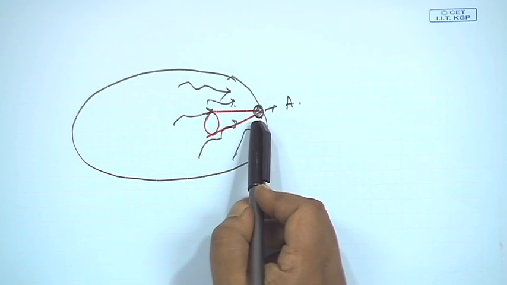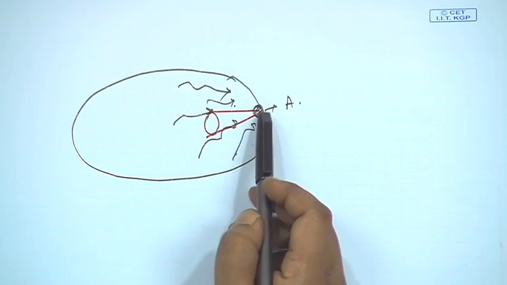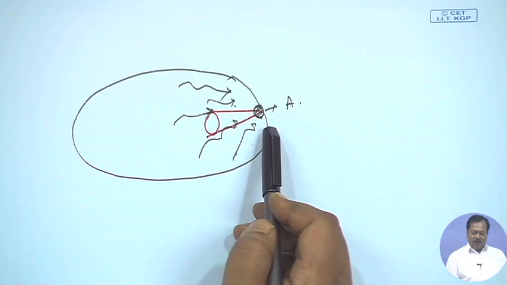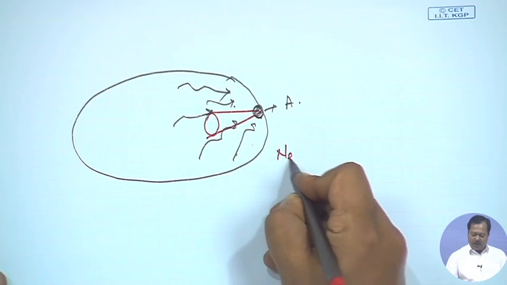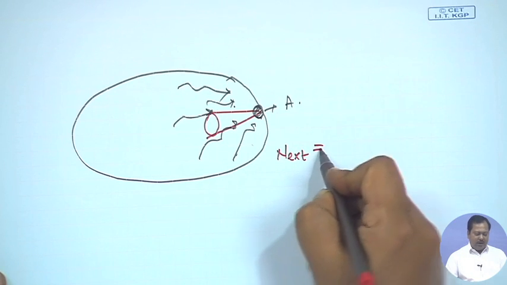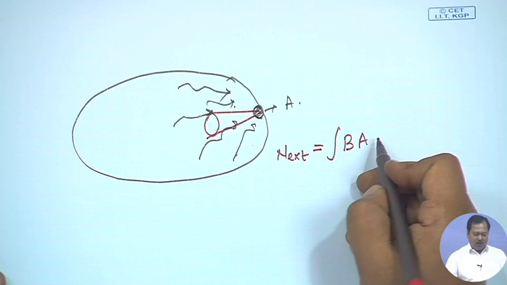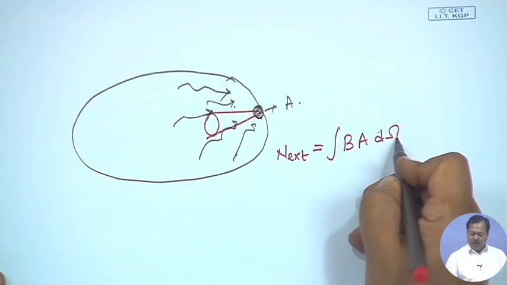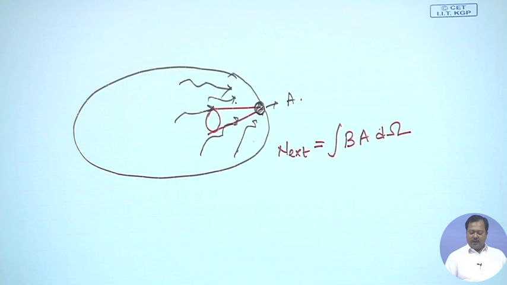Now if I want to calculate the overall radiation received by this area A, we simply have to integrate B over A d omega over all the available solid angle. We can also use a similar concept for any antenna.